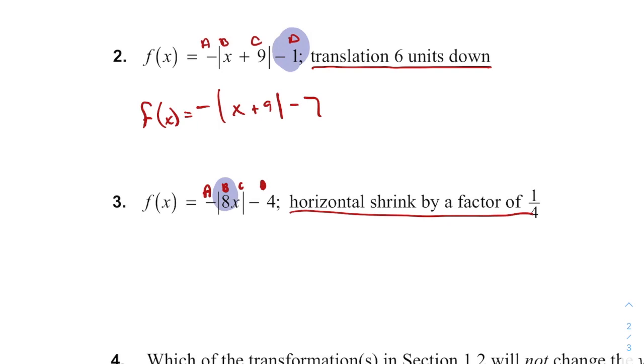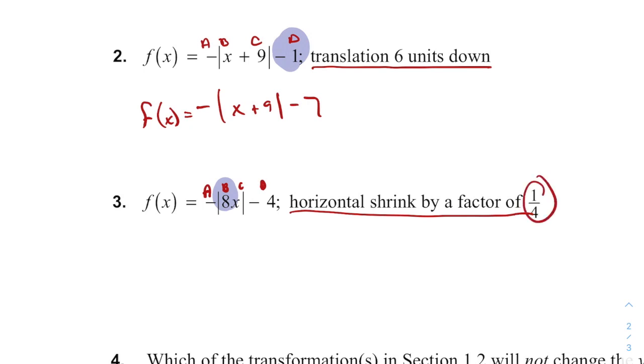Now remember that this works backwards. Horizontal shrinks should be the same as vertical stretches, so they make them steeper and taller. So you're not going to just take, I want a different marker here.